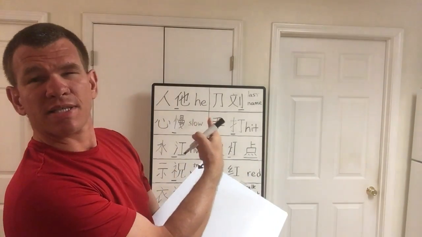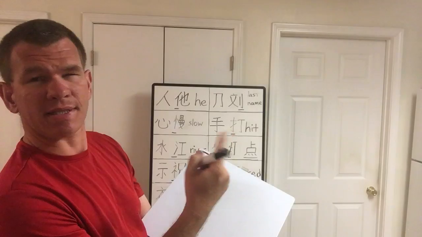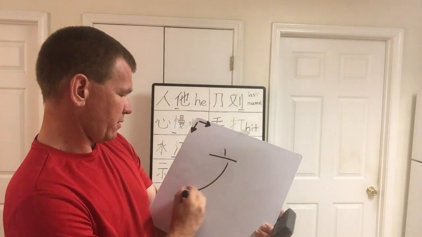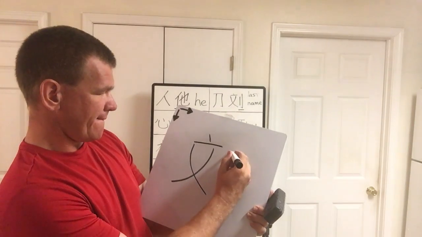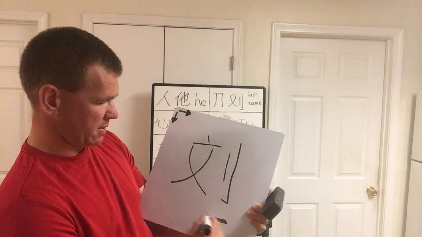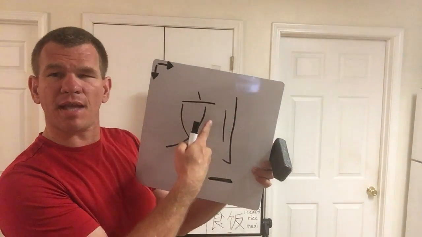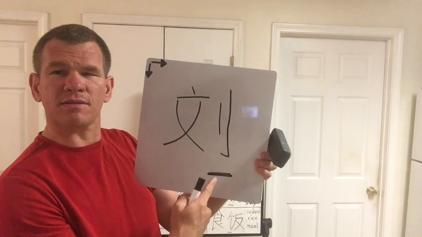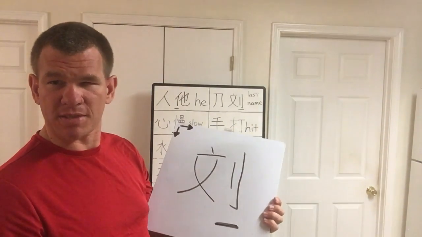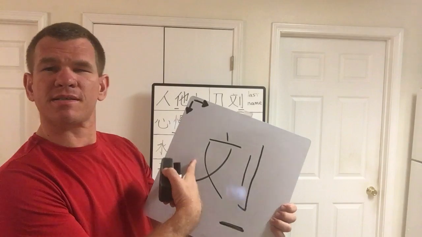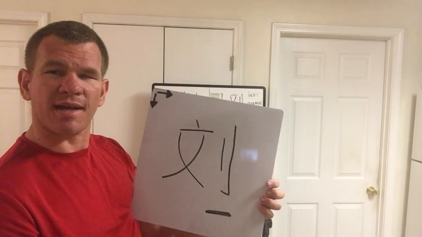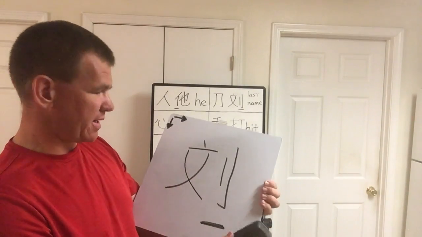This one is someone's last name, the example character. 1, 2, 3, 4, 5, 6. So these 2 lines are the radical for knife when it's with other characters, like the puzzle, like I was telling you. 2 pieces, this is 1 piece, that's another piece. That's what it looks like as a knife. It's on the right side as a radical.